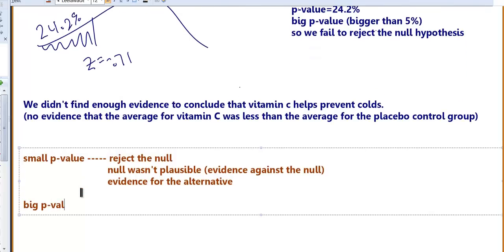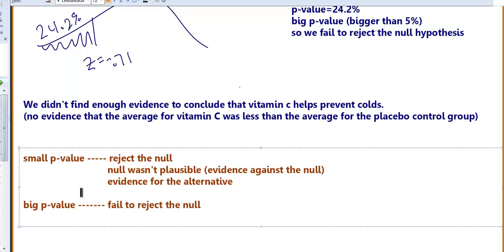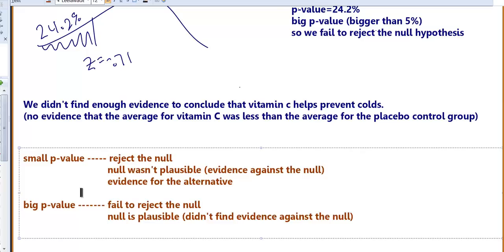Now, if you get a big p-value, we fail to reject the null. What this means is that our null is plausible, believable, so we didn't find evidence against the null. And then that means there is no evidence or not enough evidence for the alternative.